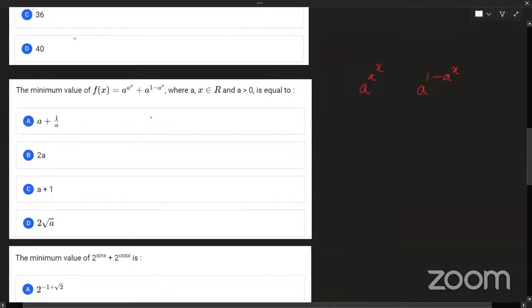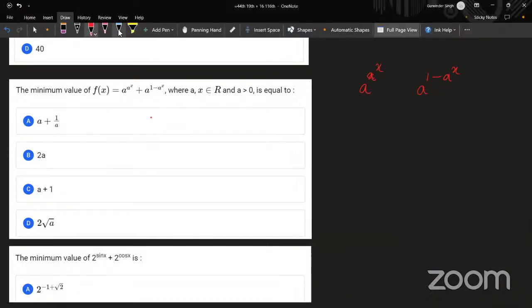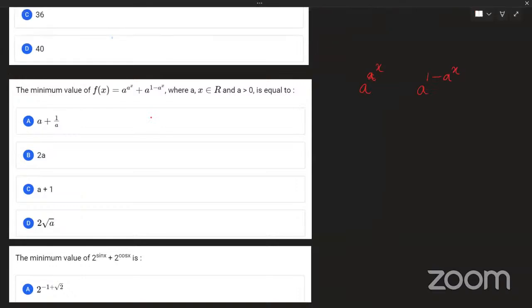So this is my first object, this is my second object. Just think what can we do with both of these?